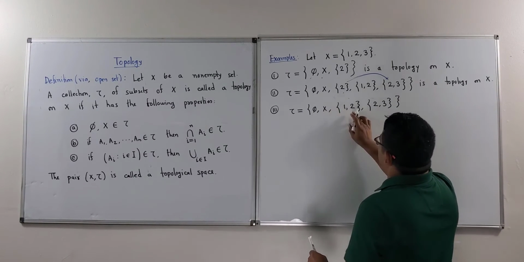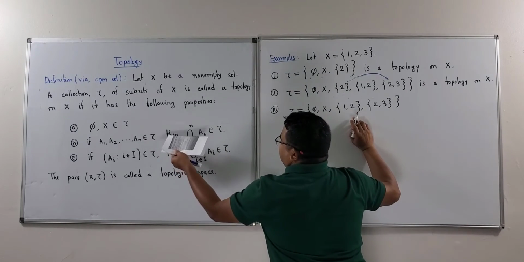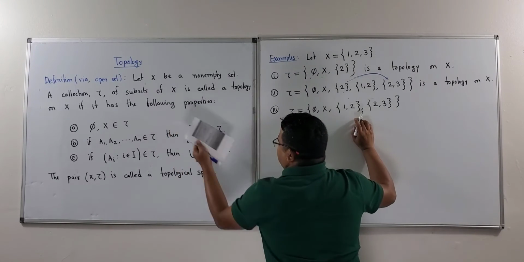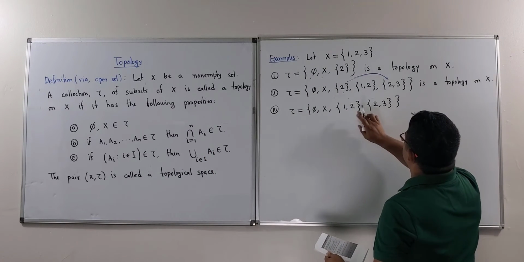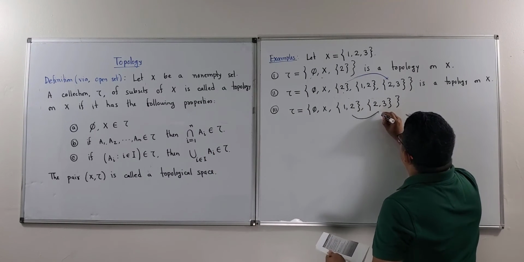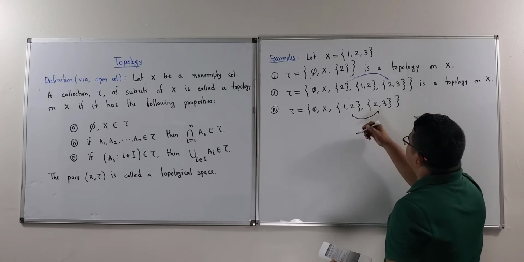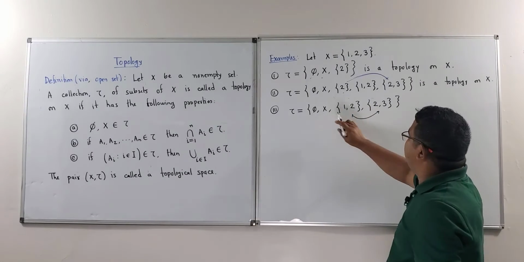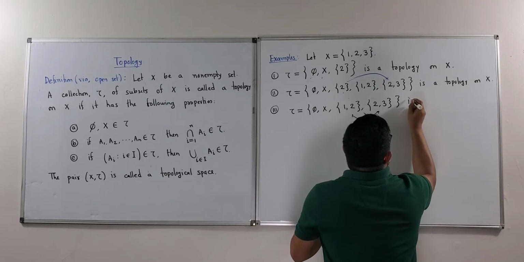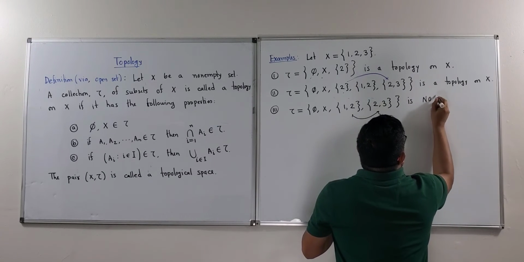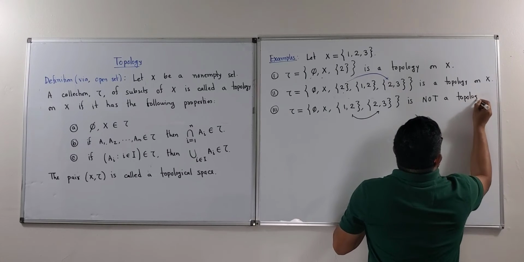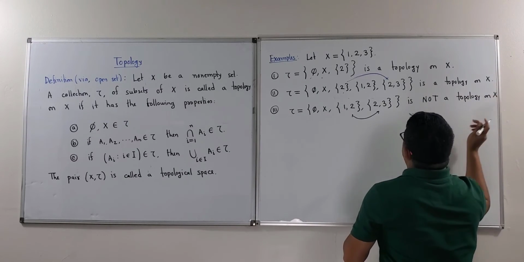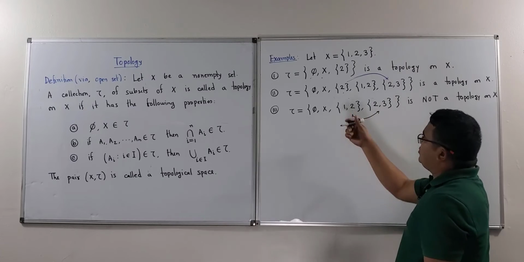That's true, so the union condition is satisfied. But how about intersection? If you take the intersection of 1 2 and 2 3, their intersection is 2, but 2 is not in the collection. So this is not a topology on X, because the intersection is not in the collection.